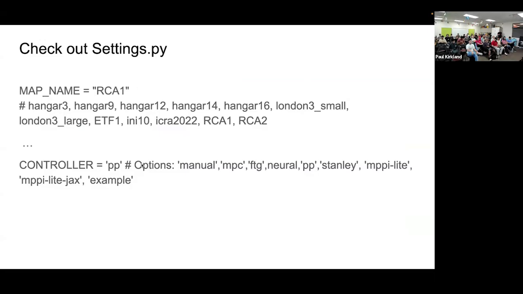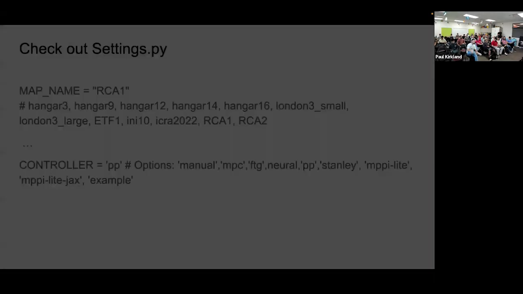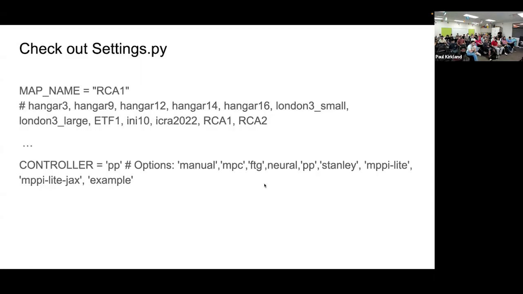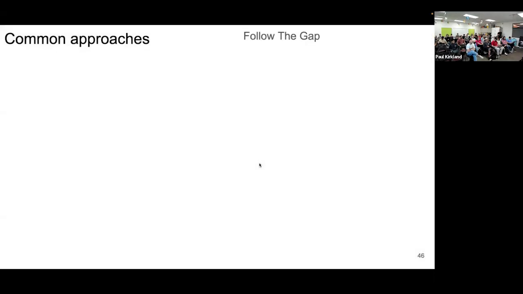We also implemented a lot of controllers, and the one I just showed was called Pure Pursuit, which is a very common controller in autonomous racing. There are a lot of controllers you can try, some more complex, some easier. This is a quick introduction of the most common controllers in F110. So we have follow the gap.